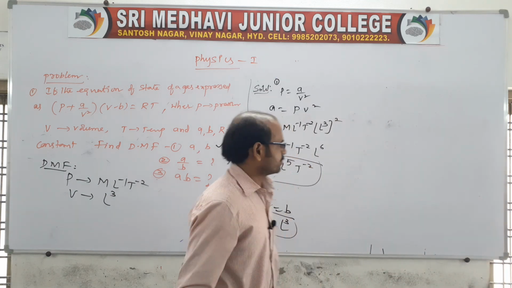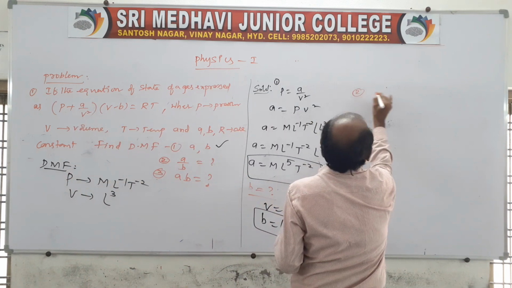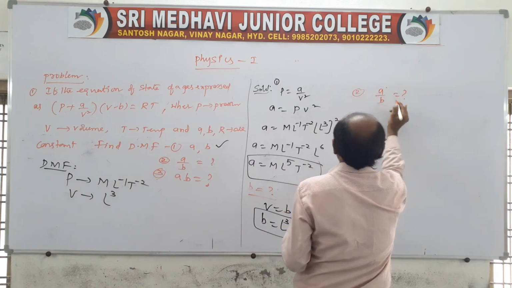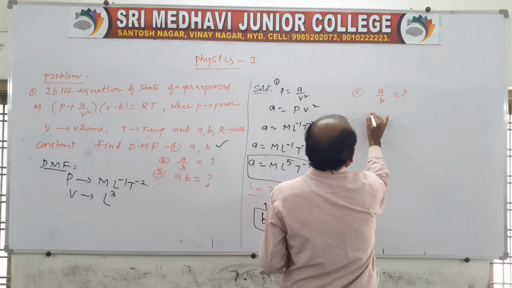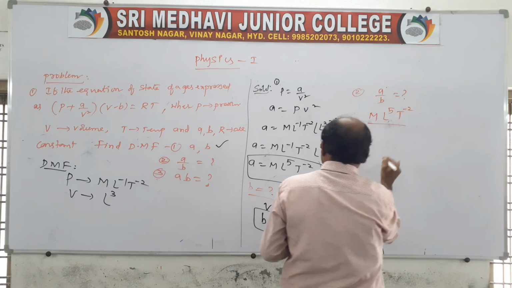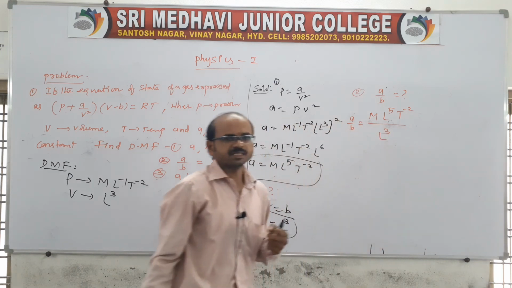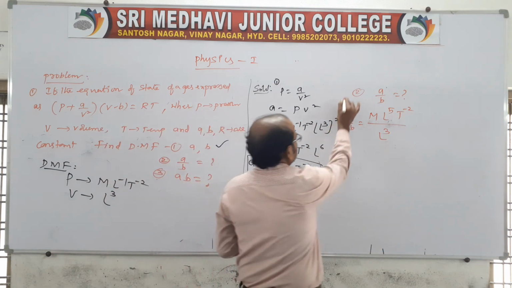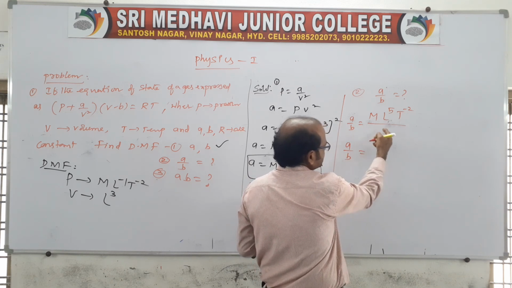Then you go for the second bit. What is it asking? A by B is asking. So, you take the second solution, that is A by B, no? Then A, we know, is M L power 5, T power minus 2. You write here M L power 5, T power minus 2 by L cube, because we are getting A by B. Now, we are finding the A by B. So, A by B is equal to, we can say like this, L cube is the denominator, no?